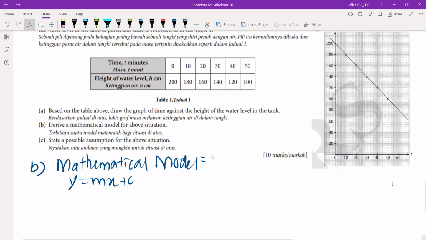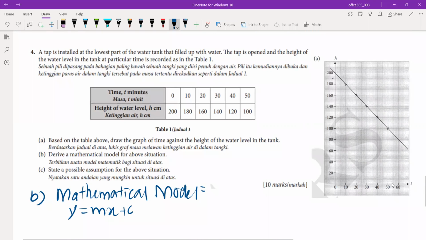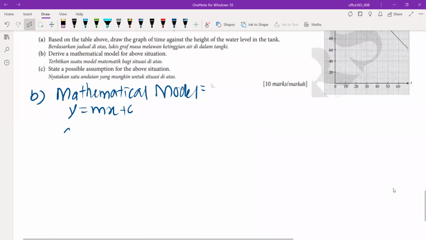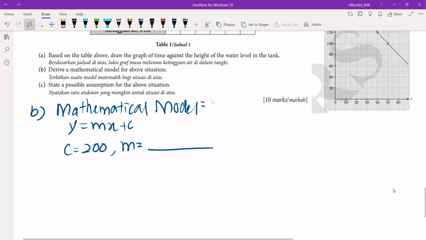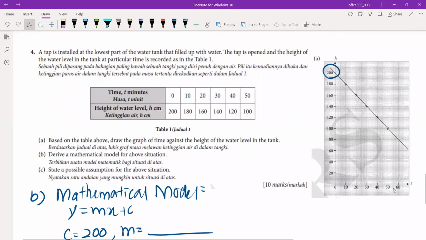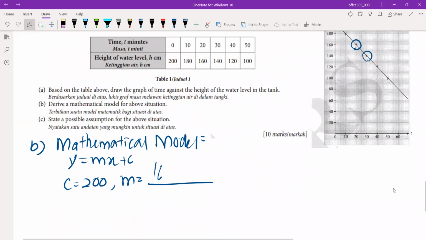In this question, the y-intercept is 200. For the gradient, you can choose any 2 points that the graph cuts through: y2 minus y1 over x2 minus x1.